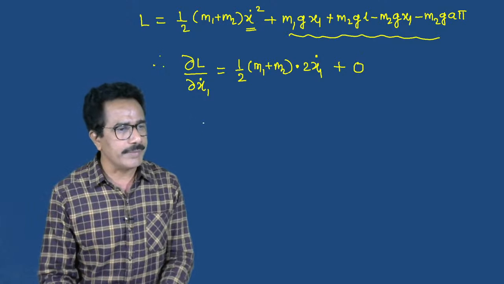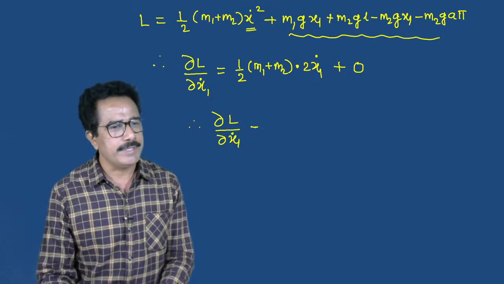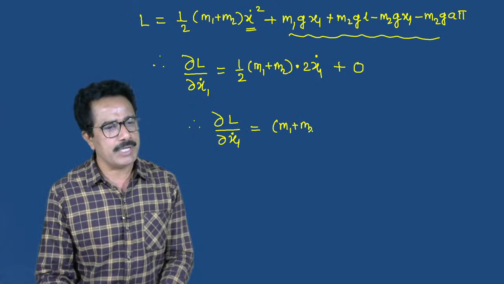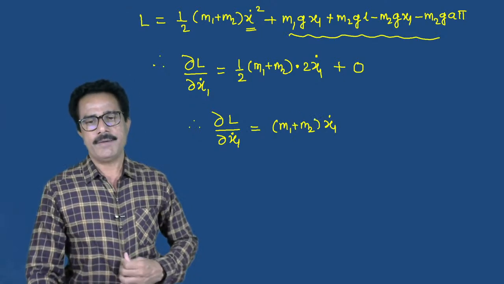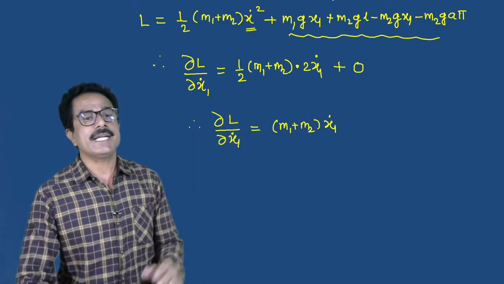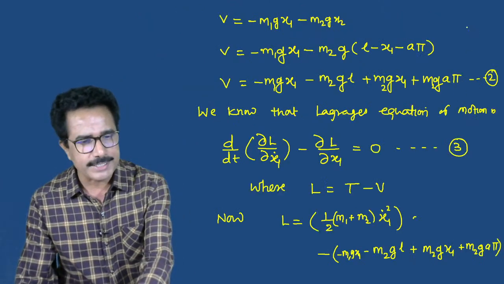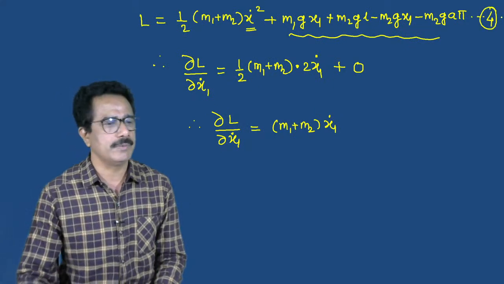So this 2 will get cancelled. Therefore dou L by dou x1 dot is given by (m1 plus m2) into x1 dot. Okay, since x1 dot is nowhere in the remaining terms, they are 0. So we have to write this equation, suppose we call it 4.